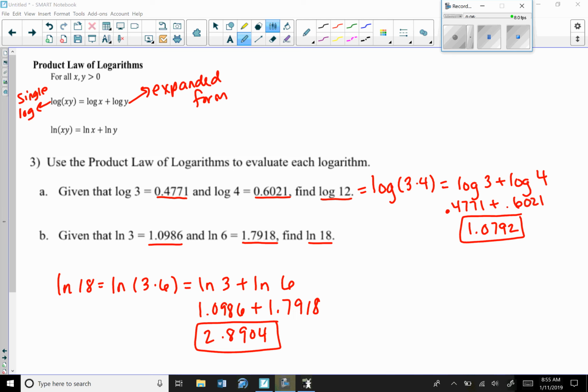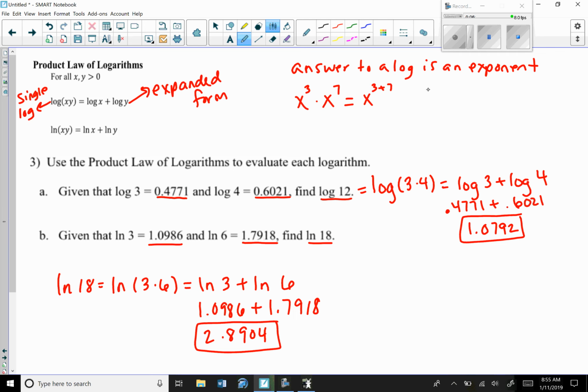So if you don't remember from last year, you may be asking, well, why does this rule work? So if you recall that the answer to a log is an exponent. So if you think about exponential form, if I have x to the power of 3 times x to the power of 7, anytime I'm multiplying something with the same base, remember we add the exponents, so this is really x to the power of 3 plus 7, which is equal to x to the power of 10.